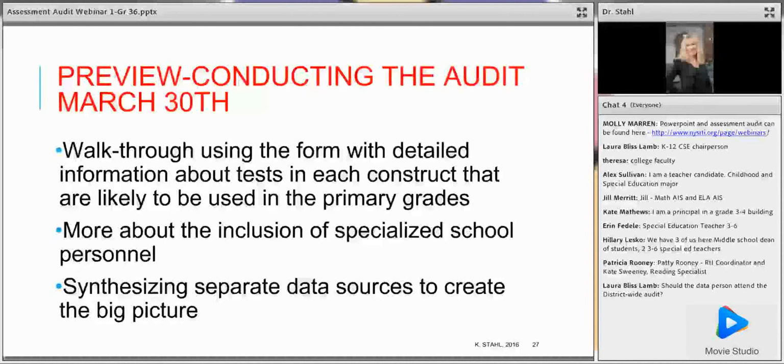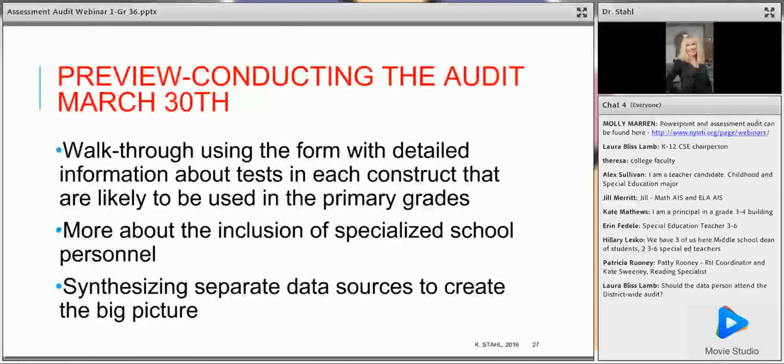Okay. So the next time that we all will get together will be on March 30th. When we get together on March 30th, that is where we will really do the nuts and bolts of walking through this form with detailed information about particular tests that go into each construct.